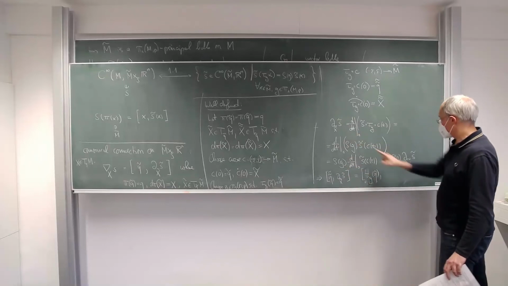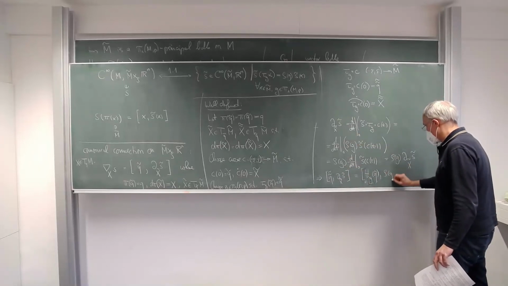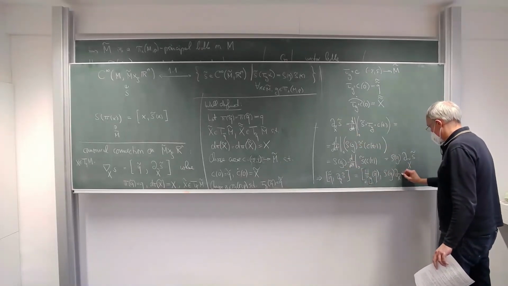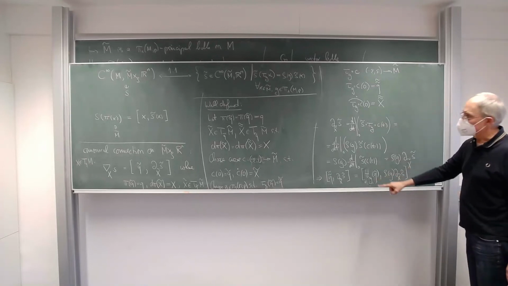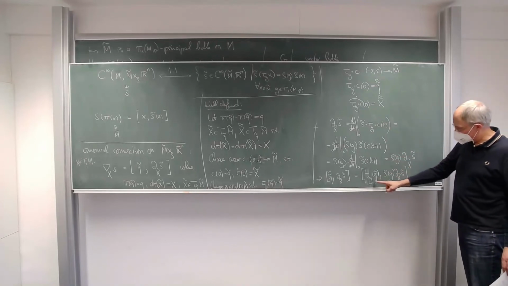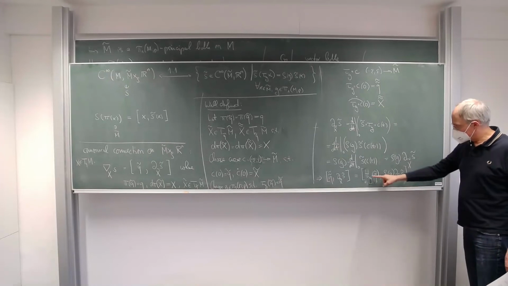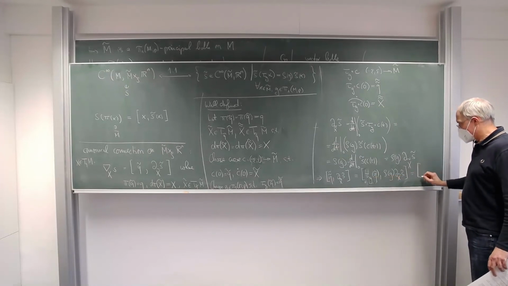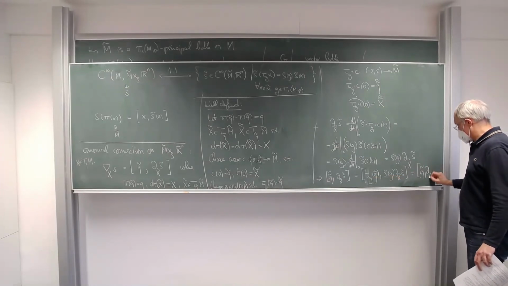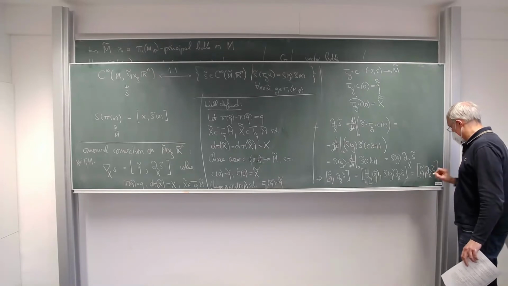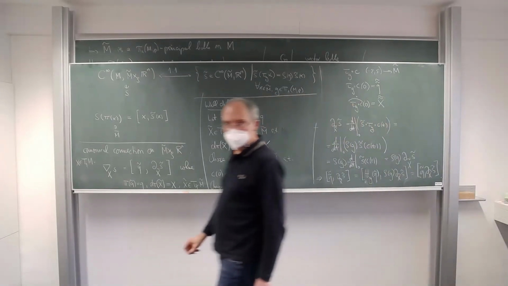And this guy I've just computed to be rho of g del x tilde s tilde. And now the equivalence condition in my vector bundle exactly tells me that this is the same as q tilde del x tilde s tilde. So that's the well-defined system.